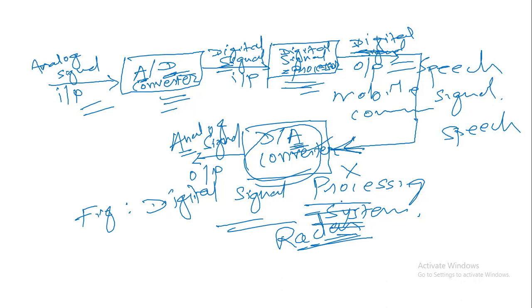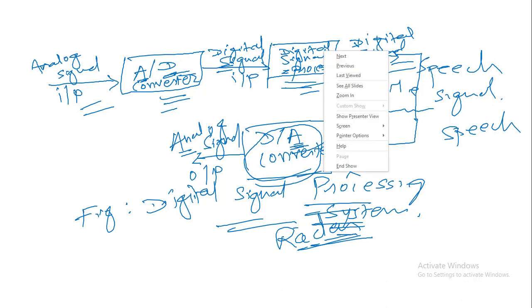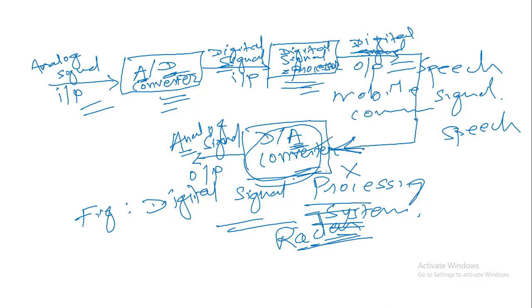When that signal strikes the object, it gets reflected back to the radar itself, and the radar indicates the actual position of that object, meaning the xy coordinates of the object. That data will be represented in digital form on the screen itself. So this last block, the digital to analog converter, will not be required in this radar application.